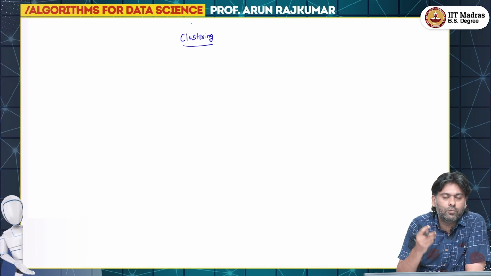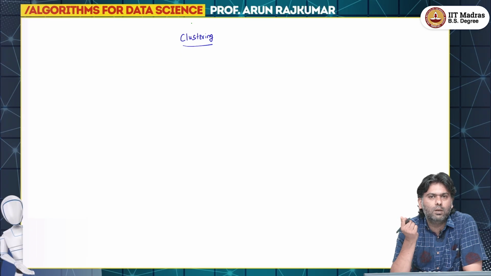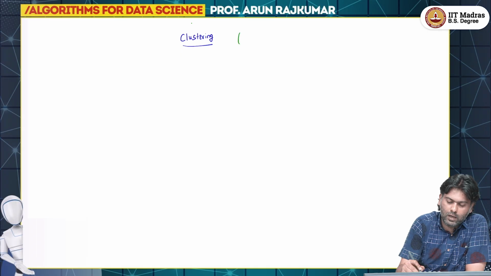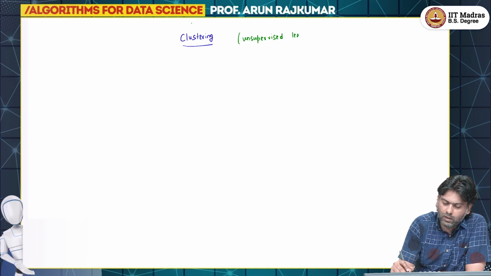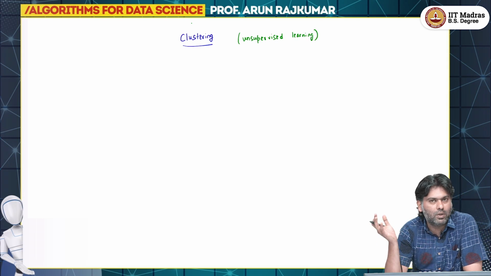Well, one of the most important problems in machine learning is clustering, which falls under the category of unsupervised learning, by which we mean that there is no supervision provided along with the data set. That is, we just have a bunch of data points and we are asked to learn something meaningful from it.